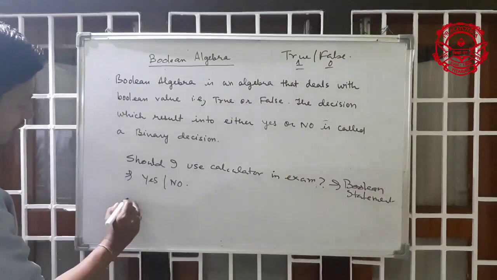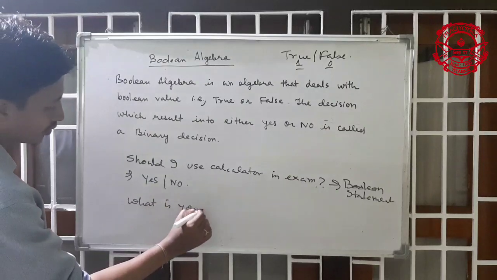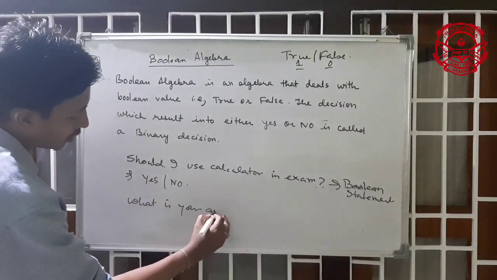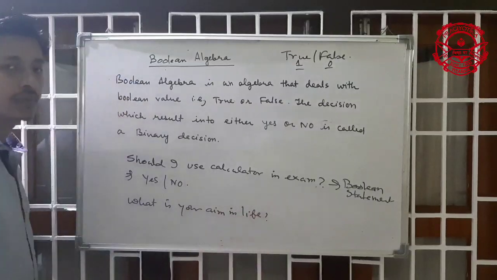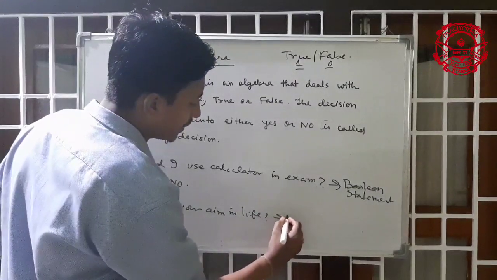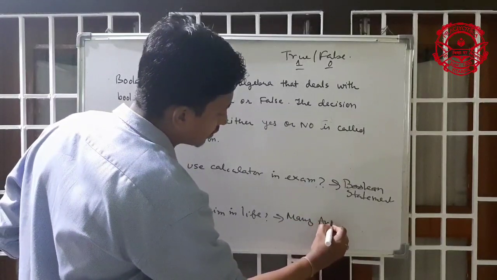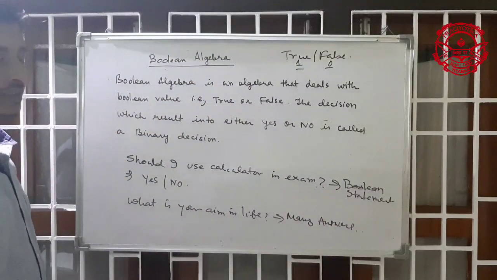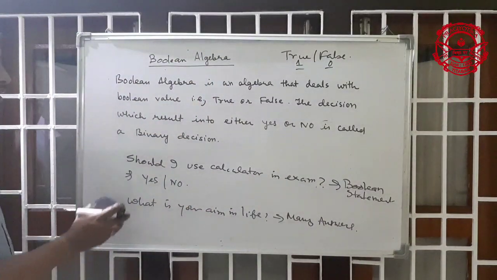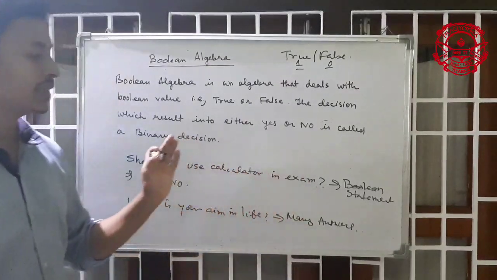But if I say, what is your aim in life? There are many possibilities, many answers. So this is not a Boolean statement. This is called Boolean algebra or Boolean statements.